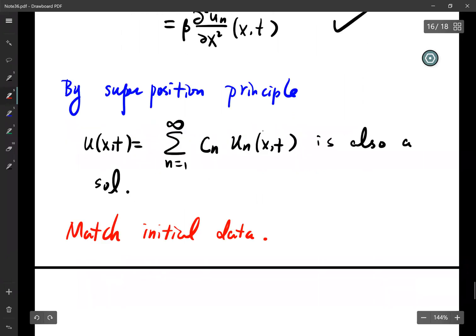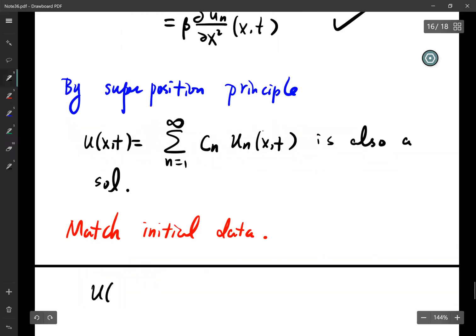Which means that you give me a u(x,0), this function is known.